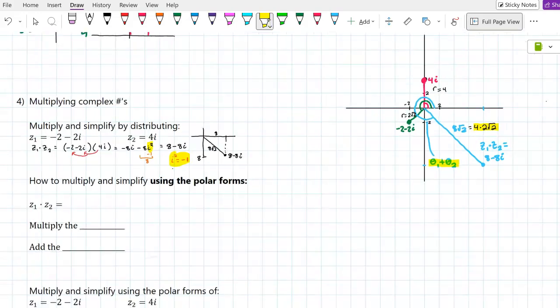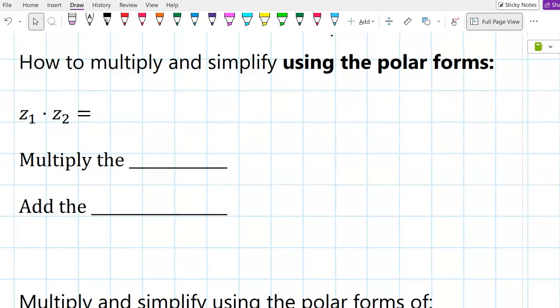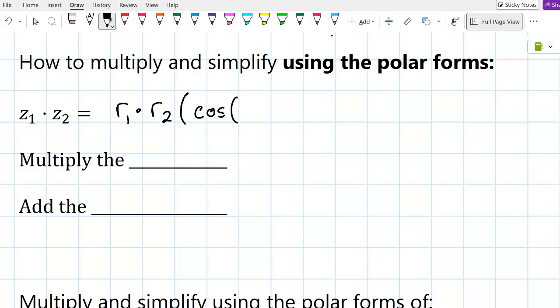So here's the rule. Say we had two complex numbers, z1 and z2. The formula that you might look up in the book says the following. z1 times z2 is going to equal r1 times r2, so the radii or modulus for each number, times cosine of theta 1 plus theta 2 plus i sine theta 1 plus theta 2, close parenthesis.